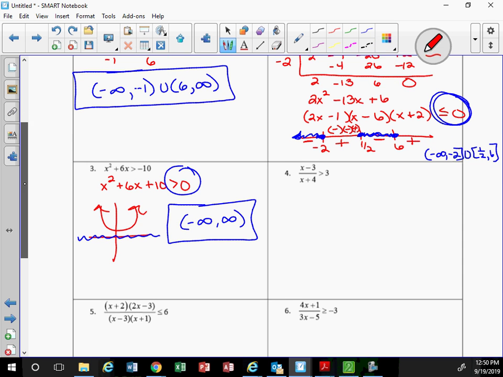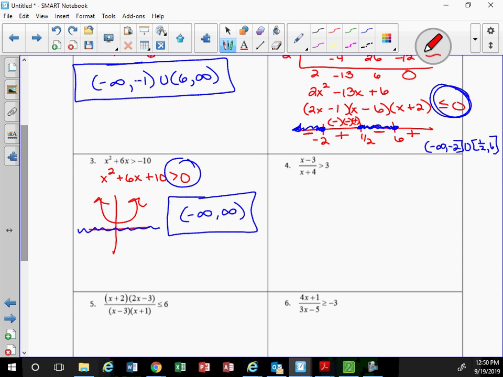Okay, so now we have a rational inequality. So good times. We still need a 0 over there. So I'm going to subtract 3. And I'm leaving a little bit of space here. I'm doing that on purpose. I'm not just weirdly writing.